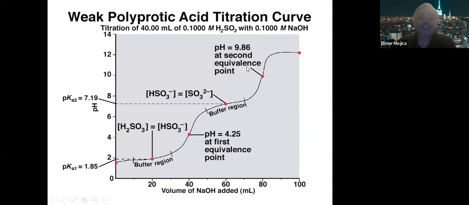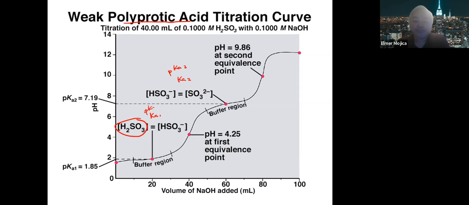Now, in case you have a so-called polyprotic acid titration, what you have there is just two regions that represent the available hydrogen that you have. For instance, with sulfurous acid, this is the first buffer region, which pertains to the Ka1, and this is the second buffer region, which represents Ka2 or pKa2.